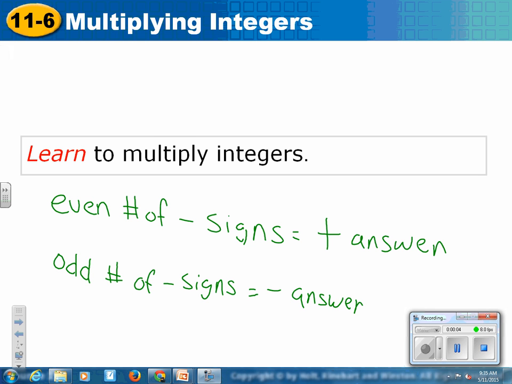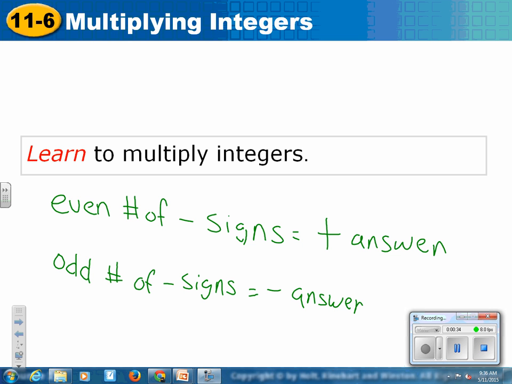Multiplying and dividing integers is very simple, actually. All you have to do is count up the number of negative symbols in your problem. If you have an odd number of negative symbols, your answer is going to be negative.